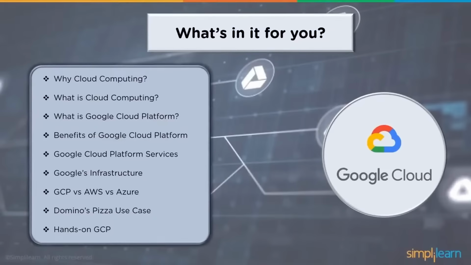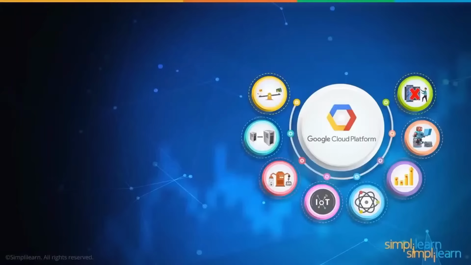A little bit about Google's infrastructure, a comparison of different cloud providers, such as Google offering GCP, that is Google's cloud platform, Amazon offering Amazon Web Services, and Microsoft, which offers Azure. We will also learn about the Domino's Pizza use case and then have a quick demo on using some of the services on GCP.